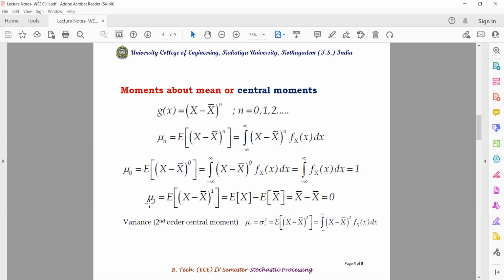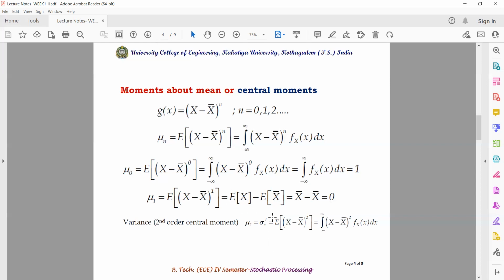Next one is the first order central moment, mu1, equal to expectation of x minus x bar whole power 1. So x minus x bar expands to E of x minus E of x bar. Remember that the expectation of a constant value is always equal to the constant.